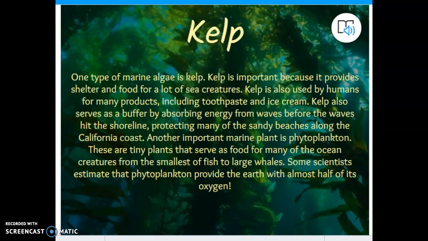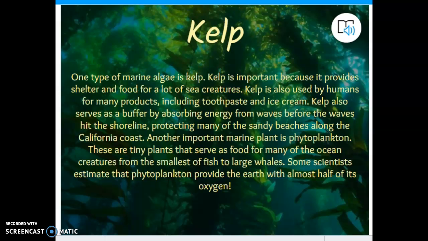Kelp is a buffer, which means it helps to absorb the energy from waves before they hit the shoreline, especially in California. What that does is they take a lot of the energy from the wave, and it stops the waves from eroding the coast of California. And if you didn't have the kelp there, it would erode the coast extremely quickly.